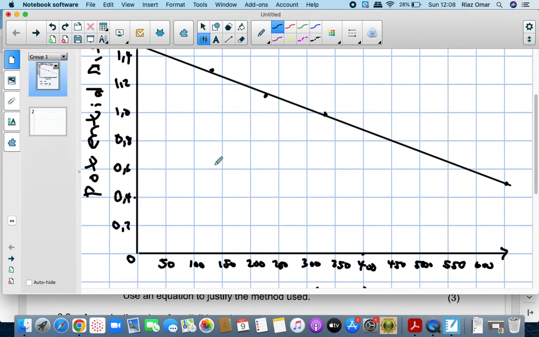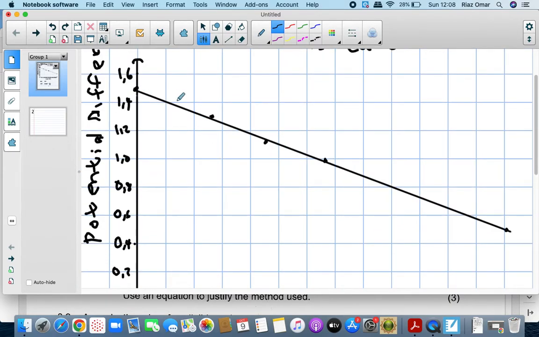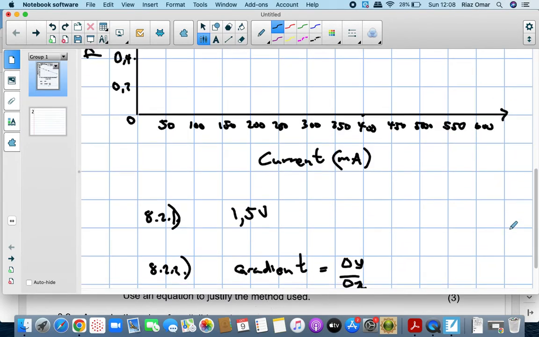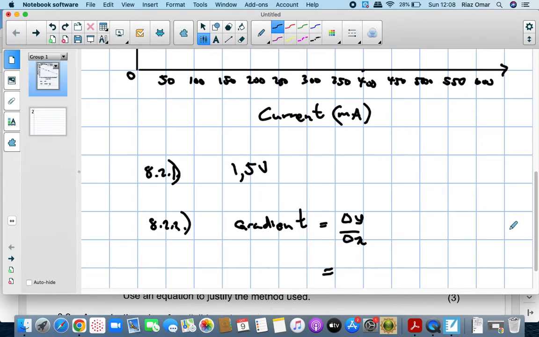Maybe we can take the first reading and the last reading. Your first reading is 1,5 volts, and your last reading will be 0.5 volts. So we'll take the first and last reading, final minus initial. We could take other readings, it doesn't really matter. Final is 0.5 minus the initial, 1.5 volts.